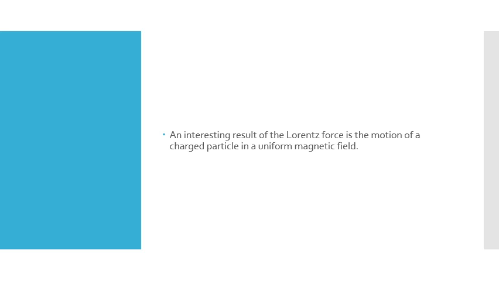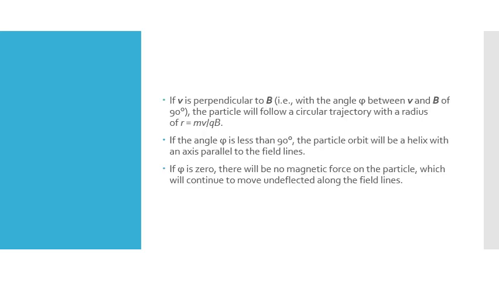An interesting result of the Lorentz force is the motion of a charged particle in a uniform magnetic field. Whenever a charged particle moves in a uniform magnetic field, it rotates. If the velocity of the particle is perpendicular to B, then you can calculate from qvB sin theta.